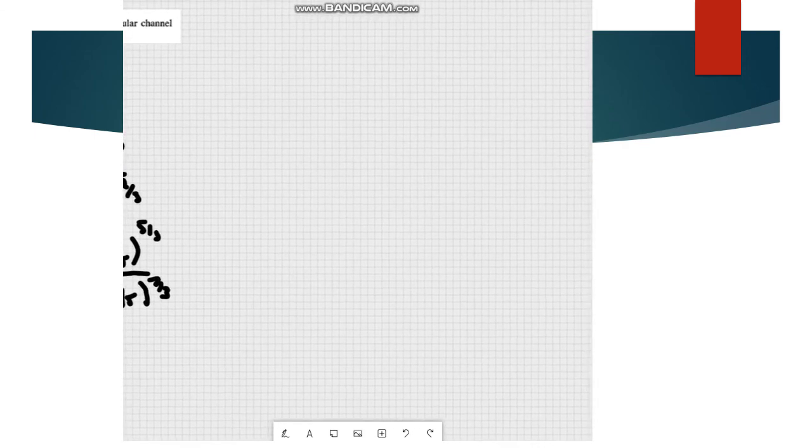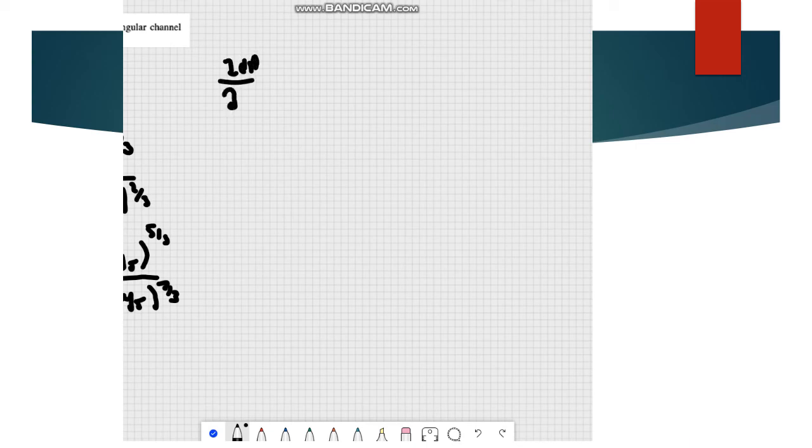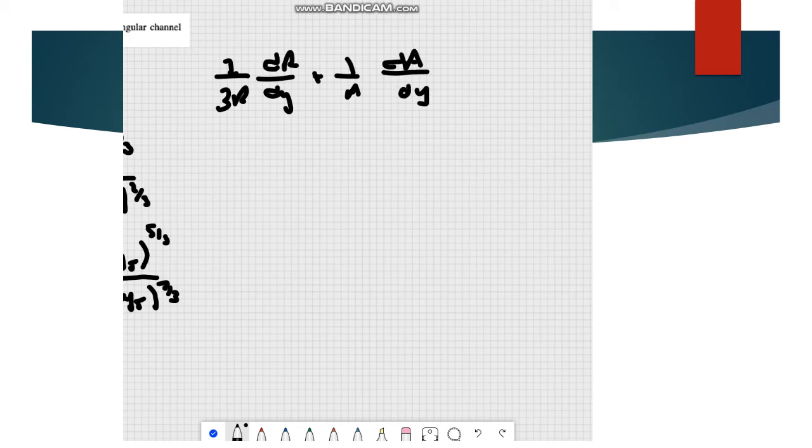Let's go a little bit here because we need to find also another term, which you remember: 2 over 3R, dR/dy, plus 1 over A, dA/dy, which for the rectangular portion from the table is already derived.